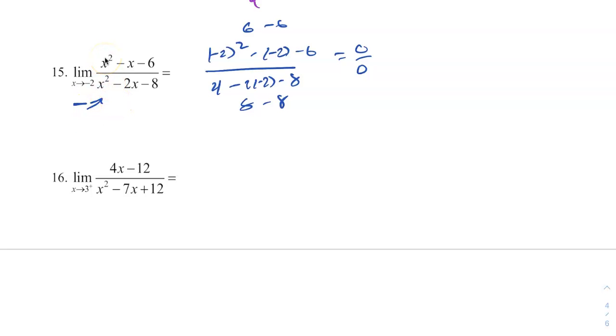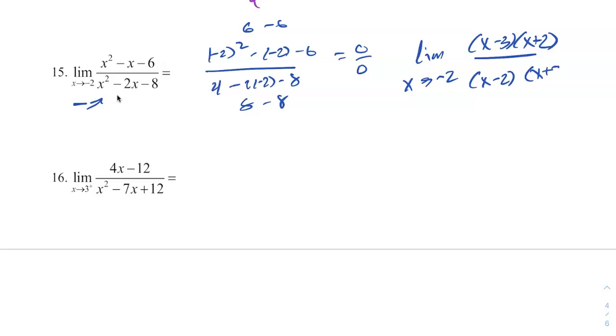So let's factor the top. Limit as x approaches negative 2. I can factor that to be x minus 3, x minus 2. And on the bottom it's x minus 4, x plus 2. These should both be pluses, by the way. Sorry about that.